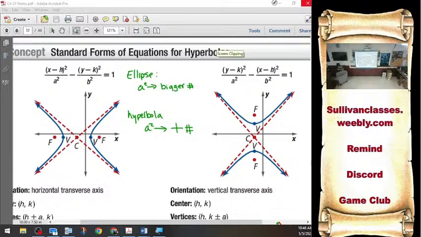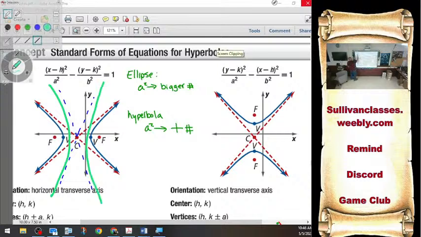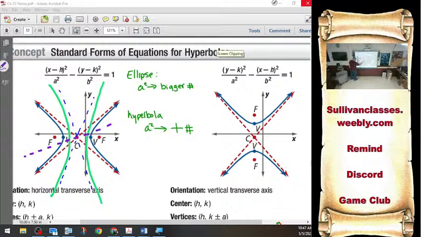And that's because I can have a hyperbola like this. I can also have a hyperbola like this. I can also have a hyperbola like this.